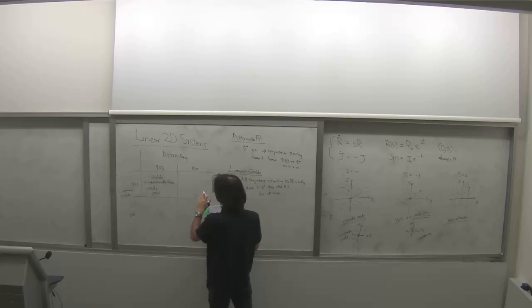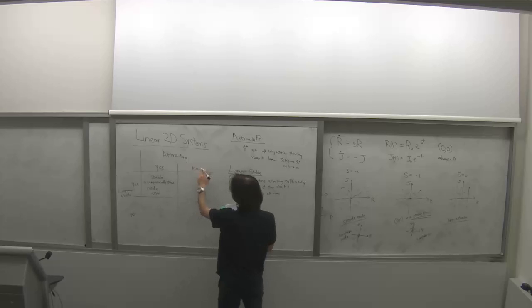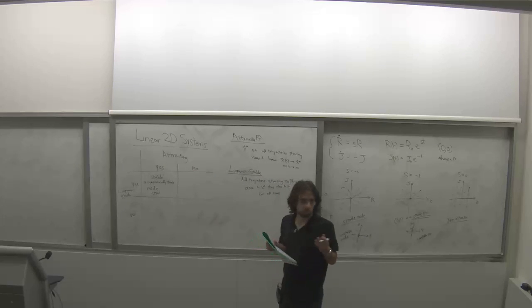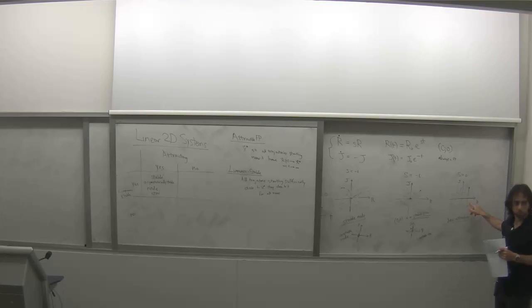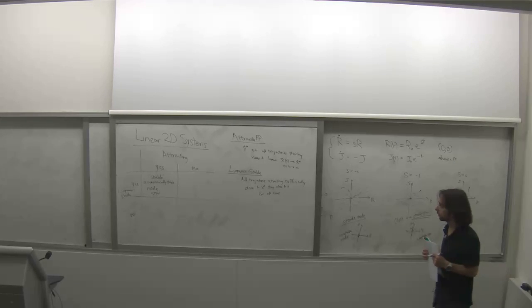A fixed point can be non-attracting, but still Lyapunov stable. So here is our example for that. The fixed points here are not strictly attracting, because if you start just next to them, you won't ever get there.